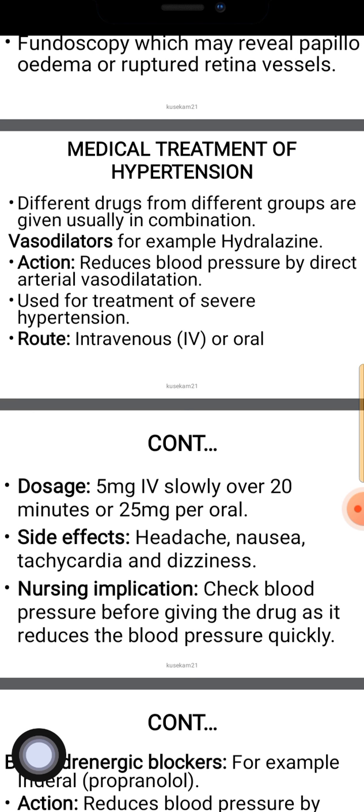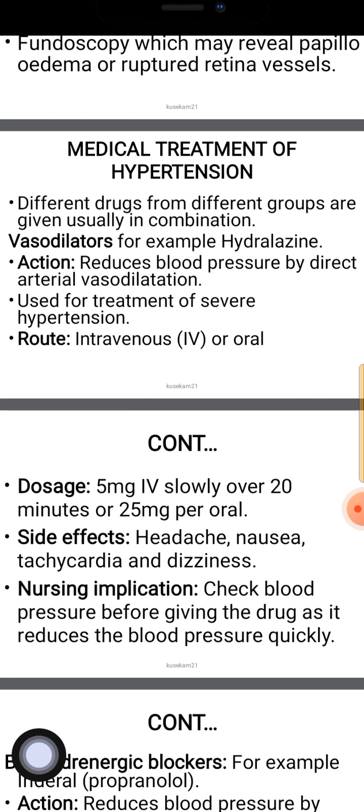So the first thing is to dilate vessels. That's why the first drug is vasodilators. So vasodilators, we have hydralazine. Hydralazine is a vasodilator. So this one will reduce blood pressure by direct arterial vasodilatation.